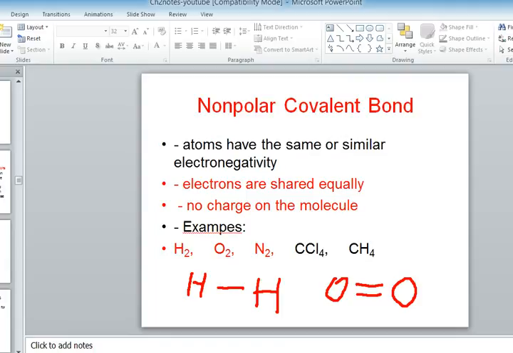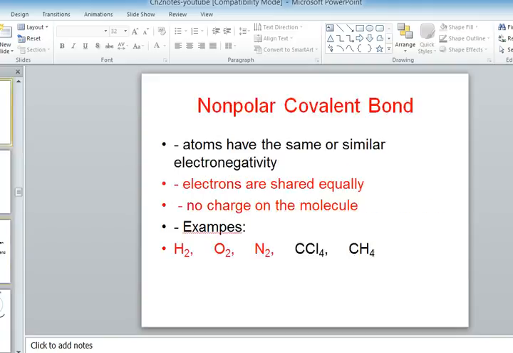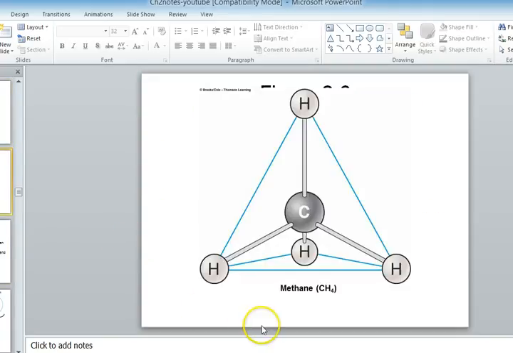Okay, so let's erase that and go on down here. So nonpolar covalent bonds. Right here, there's an example of a methane molecule from your textbook, and you notice it is symmetrical, and so it is nonpolar.